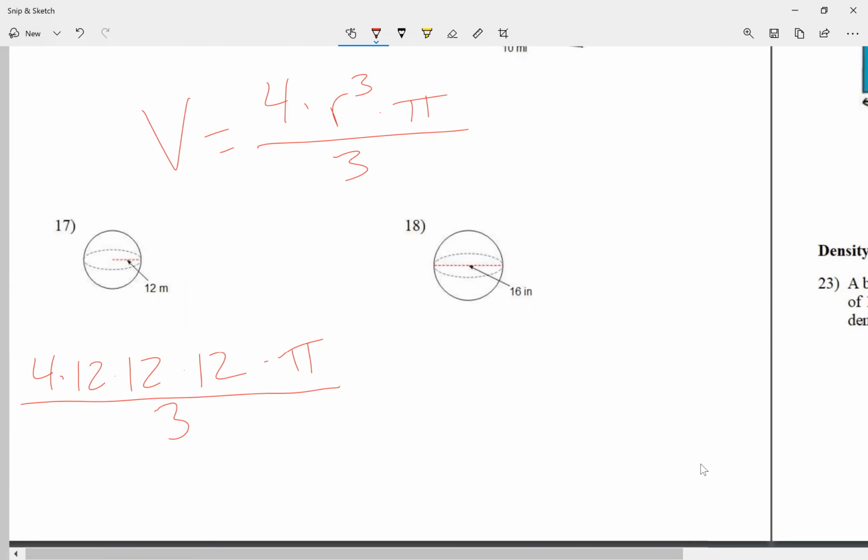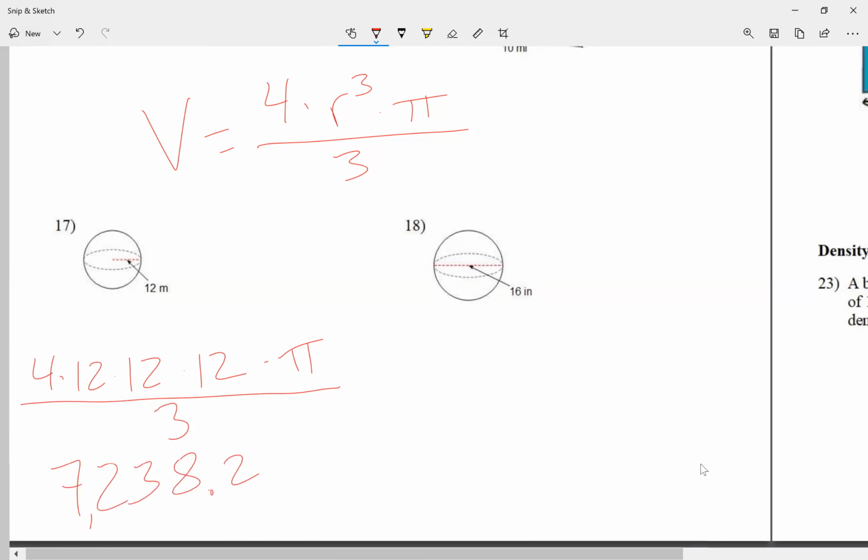So I have 4 times 12 times 12 times 12 times pi divided by 3. In my notes here, it says round to the nearest tenth, so 1 decimal place. So 7,238.2.